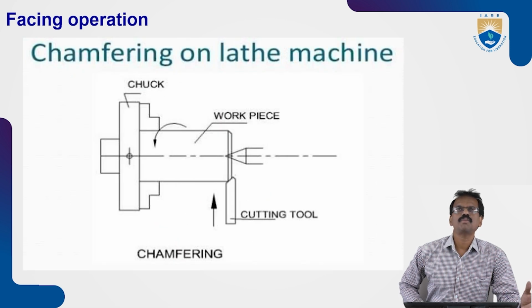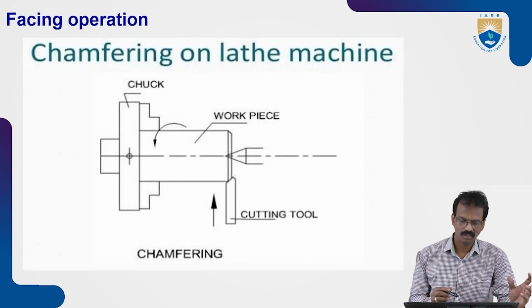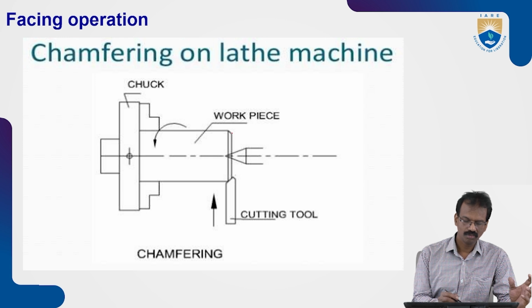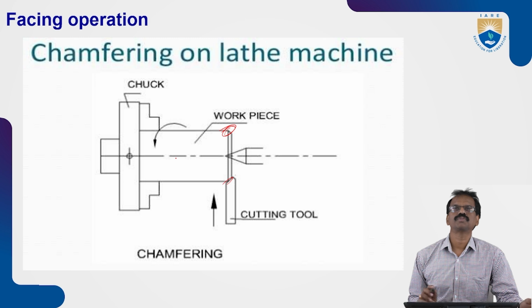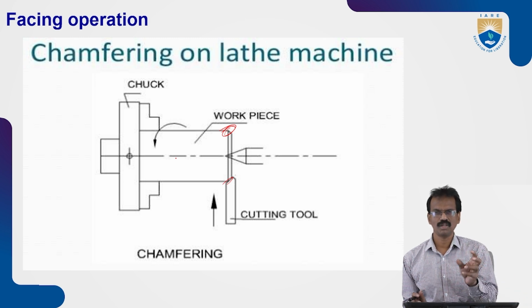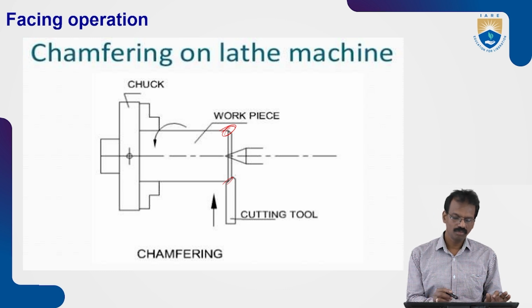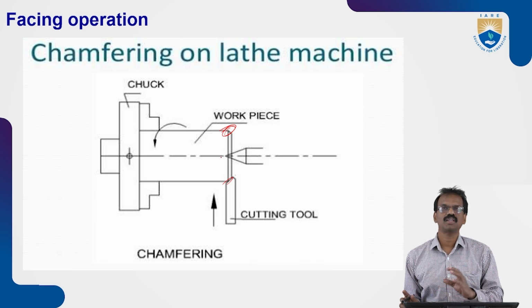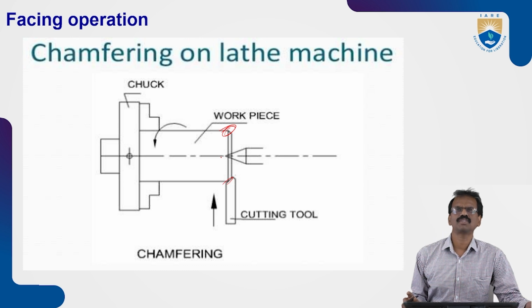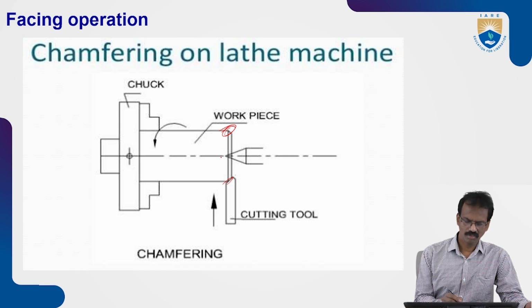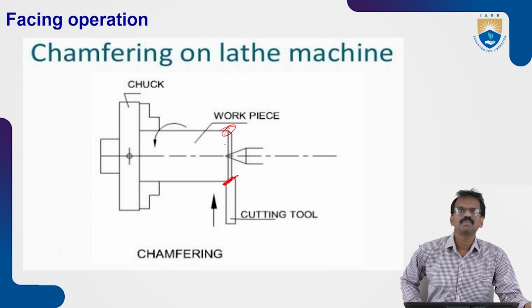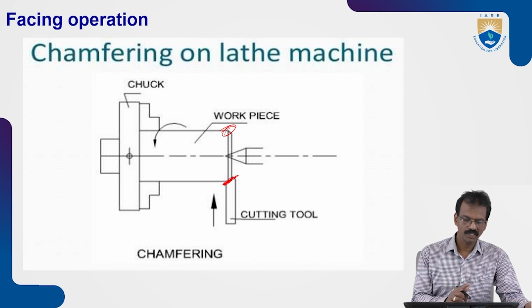Okay. Next, chamfering is very important for cutting edges for the easy movement of nuts on the bolts, and to remove sharp edges we also perform the chamfering operation. Here the main cutting edge cuts the end edge of the workpiece.